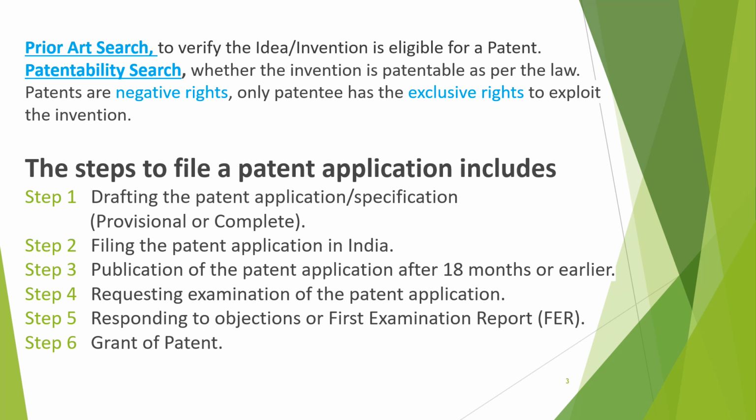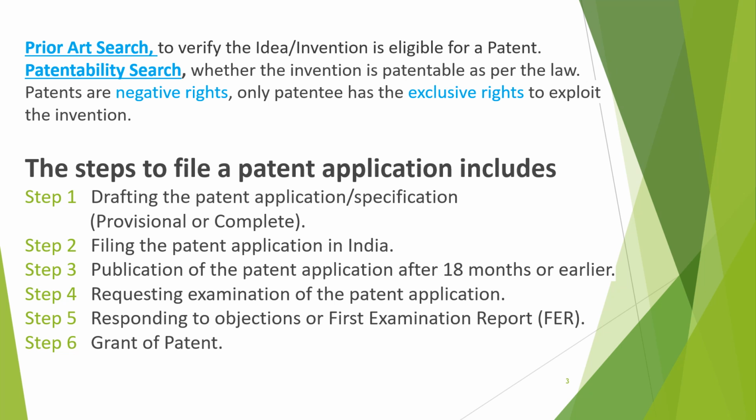If your invention is ready to be brought to the market, then you will file a complete specification giving all the details. The claims part should be included in the complete specification. In provisional, it's not mandatory that claims should be there.